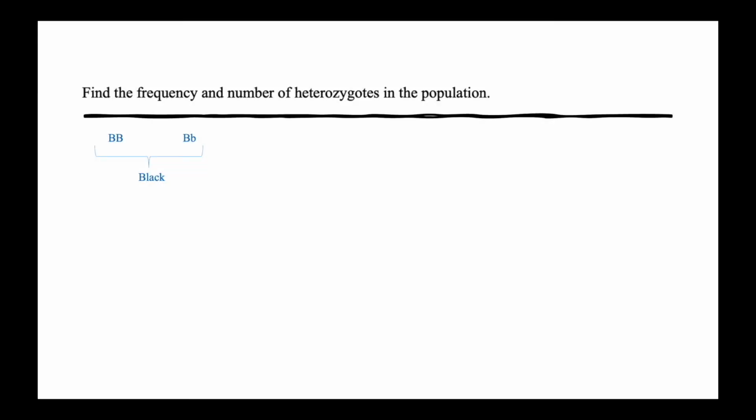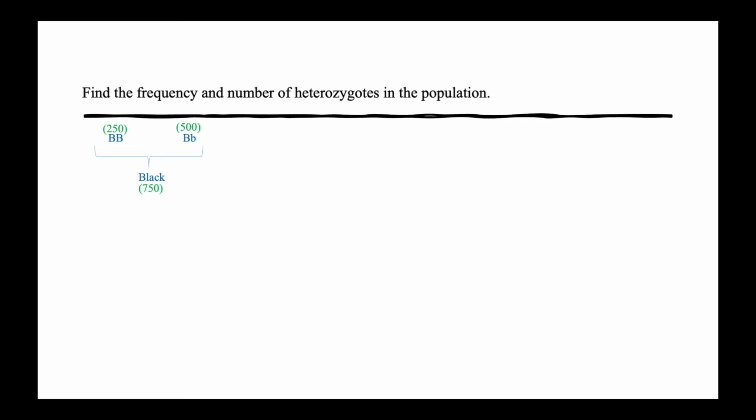The question continued by asking us to find the frequency and number of heterozygotes in the population. Since there are 750 black individuals, and from our previous calculation there are 250 homozygous dominant individuals, we can quickly calculate that there are 500 heterozygous individuals in the population.